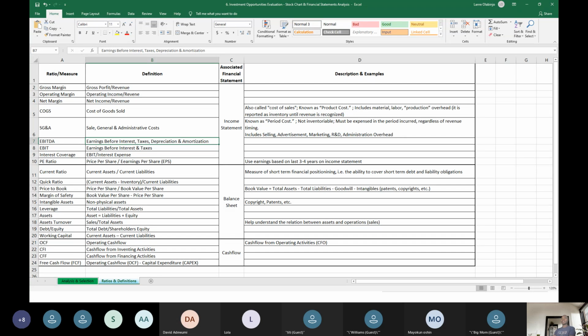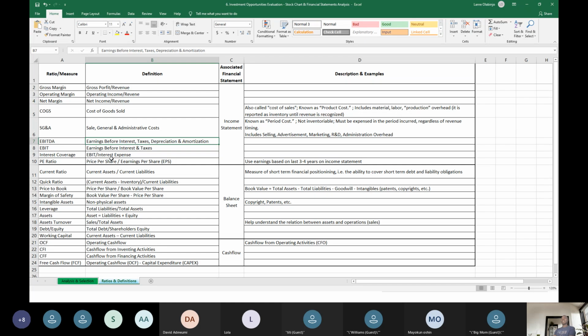So we want to see how much coverage they have, or how many multiples of their interest expense they are covered for. So if a company made $10 million and their interest expense is $5 million, their interest coverage is 10 over 5, which is 2.